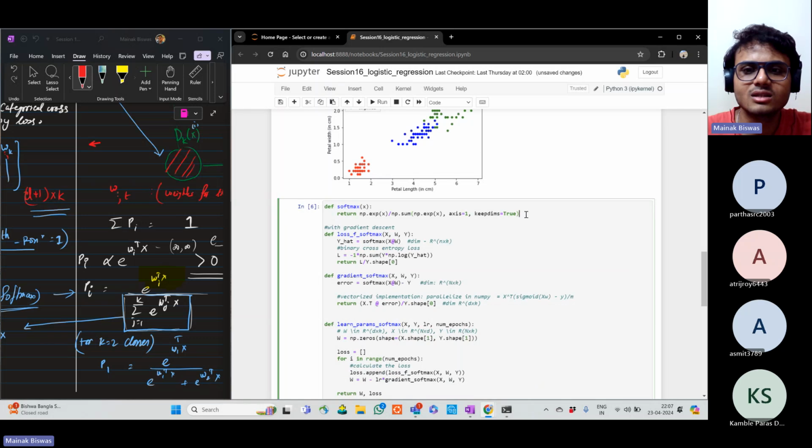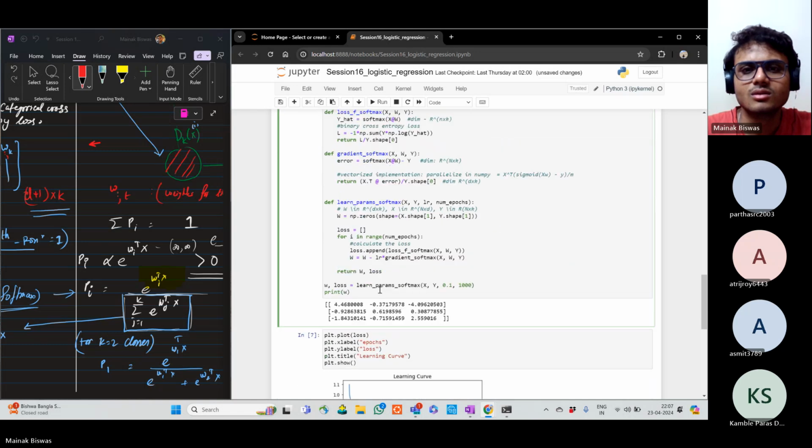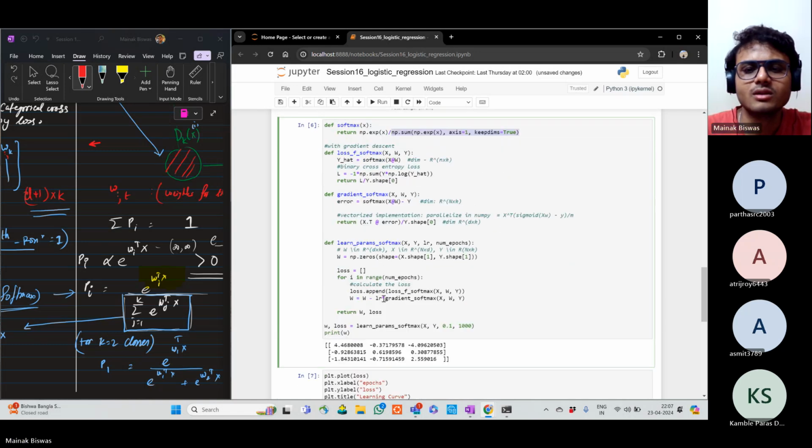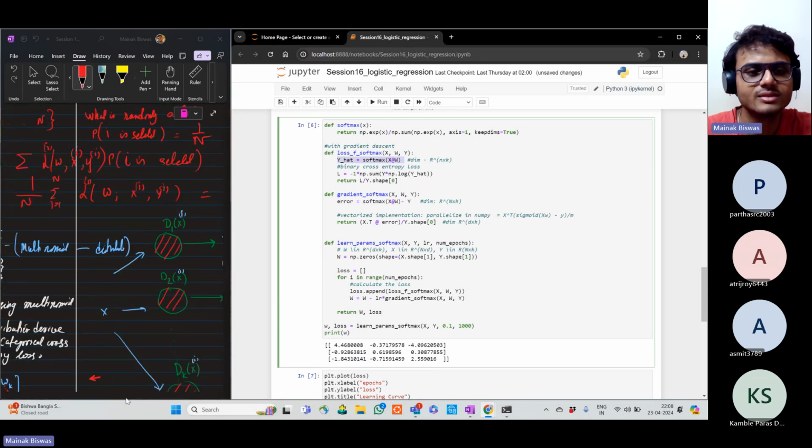Now what is softmax? Softmax of x is e to the power x divided by the sum of e to the power x. That's what we discussed. Now what is the loss? What is y hat? It is xw, as we have seen before. Let me just show you once again.